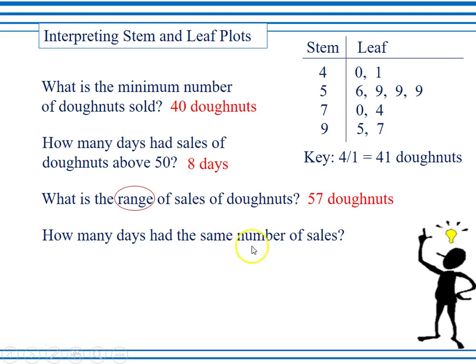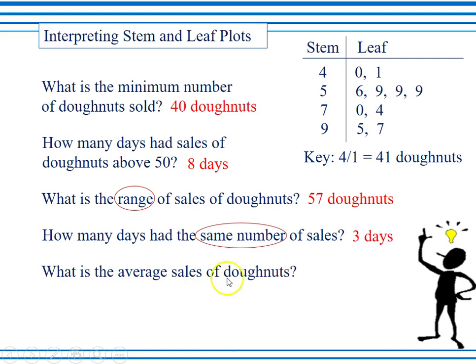How many days had the same number of sales? So I'm looking for the number of days. And if it's the same number, what was that called when you had the same piece of data show up more than once? I believe it was the mode. Mode is the most. So how many days had the same number of sales? 3 days, 59, 59, and 59.